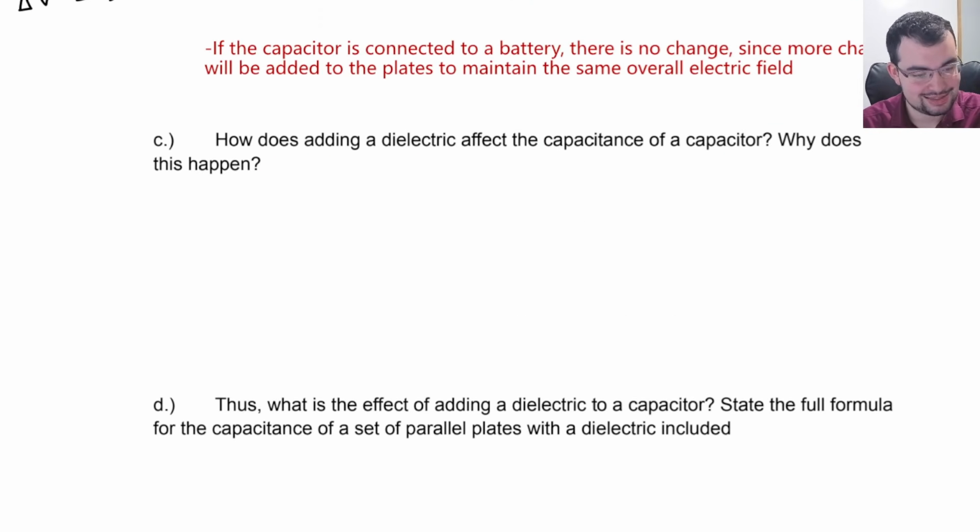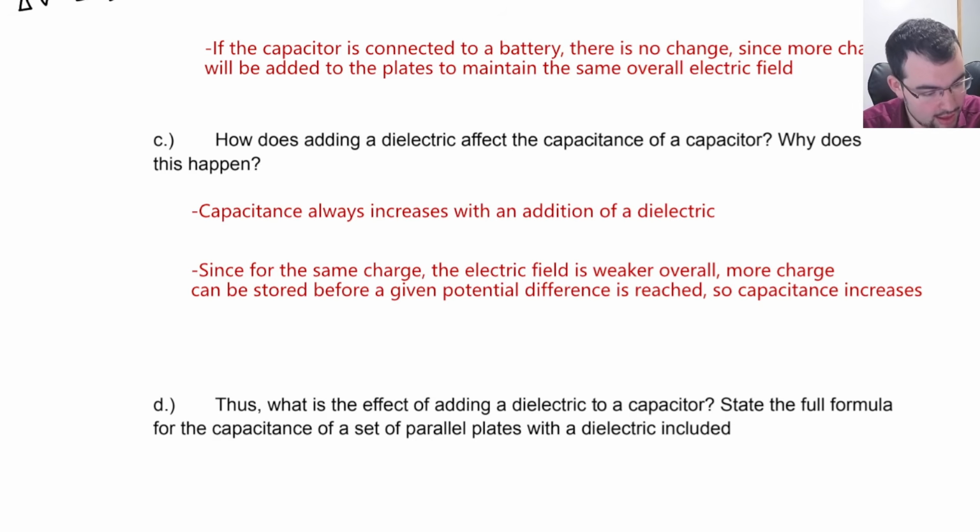So why does the dielectric actually increase capacitance? Well, our formula for capacitance is capacitance equals the charge you can store per unit of potential difference. So all that means is that the potential difference decreases by a factor of 1 over kappa.